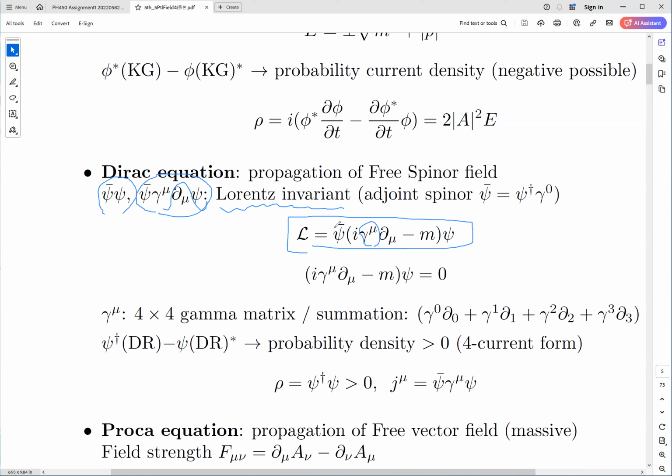But here we will focus on what the gamma matrix is. The gamma matrix is a 4x4 matrix, and there are four gamma matrices, with mu equal to 0, 1, 2, 3 as a space-time index. The contraction between gamma mu and the space-time derivative partial mu is actually a summation of this form.